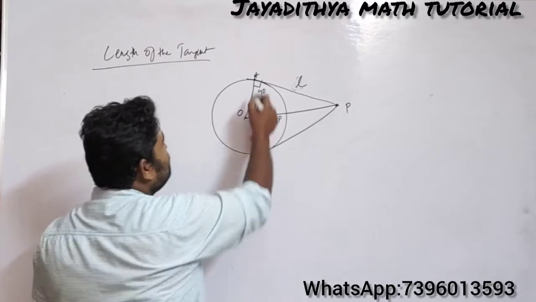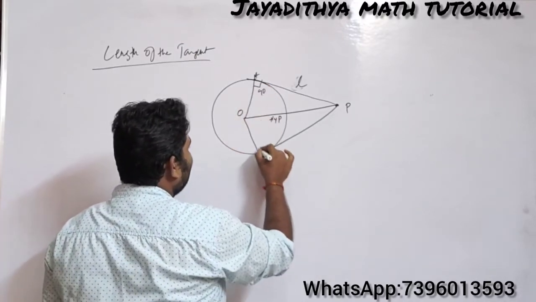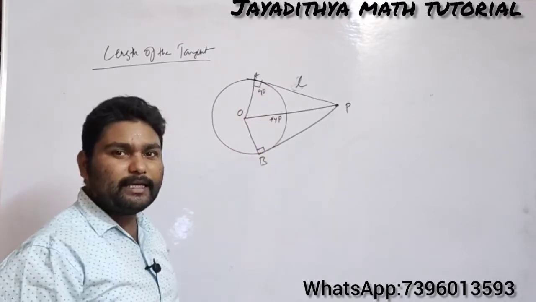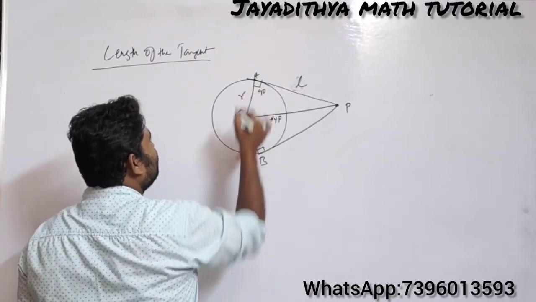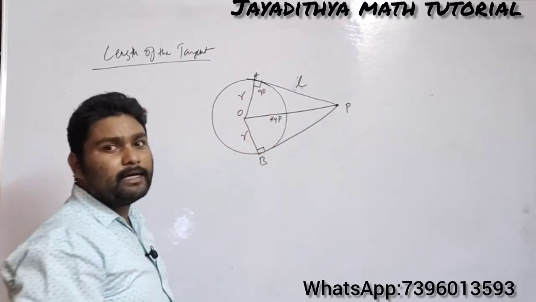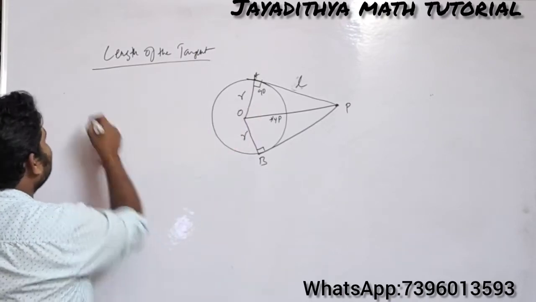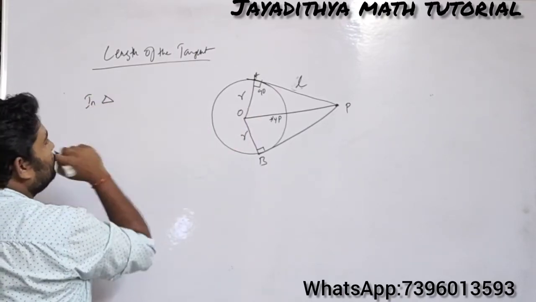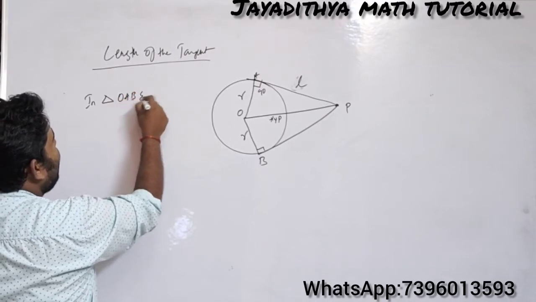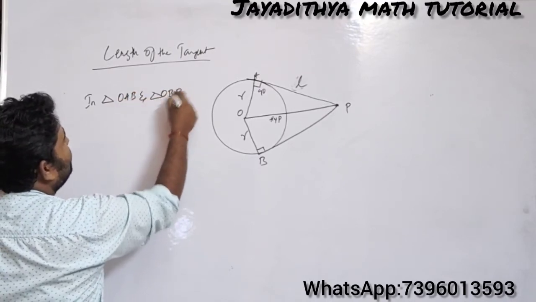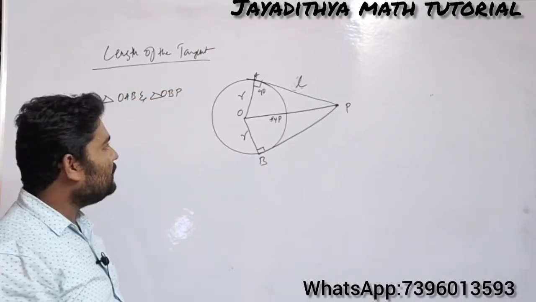If I join OB, here also it will be 90 degrees. And you can see here OA is the radius and OB is also the radius. So here you can see two triangles, triangle OAP and triangle OBP.